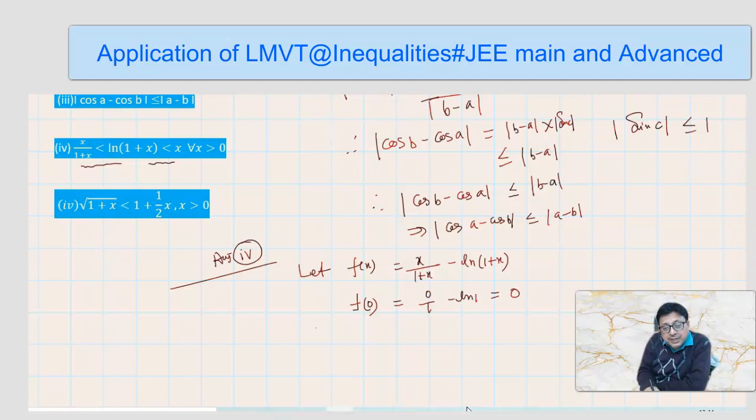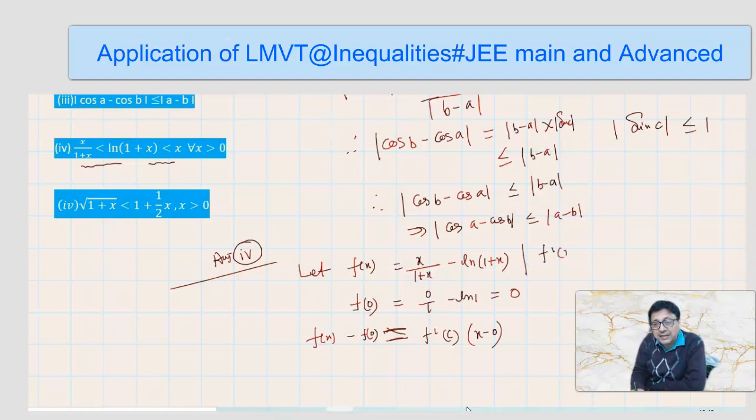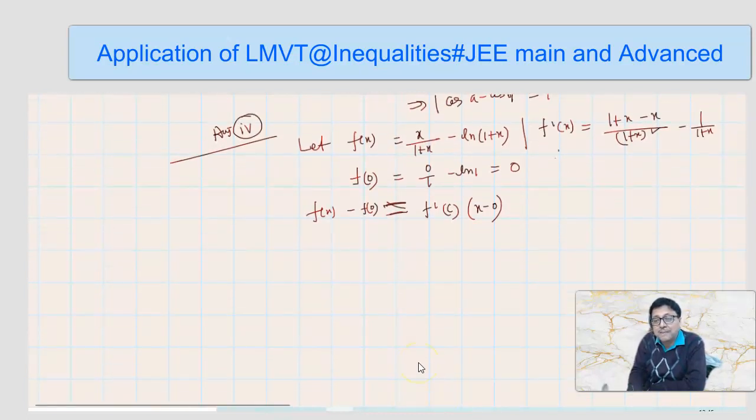So we can use this as an equation, as I told you earlier, that f(x) minus f(0) is equal to f dash c into x minus 0. Let us see what f dash x is here. If you find f dash x, it is 1 plus x whole square into 1 plus x minus x, minus 1 by 1 plus x.